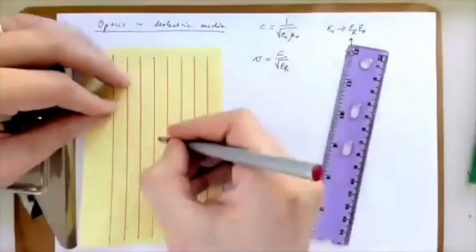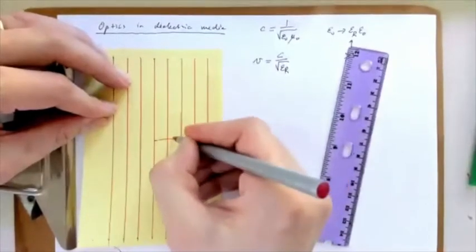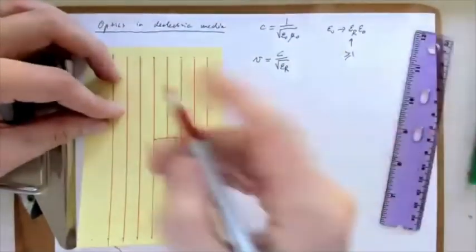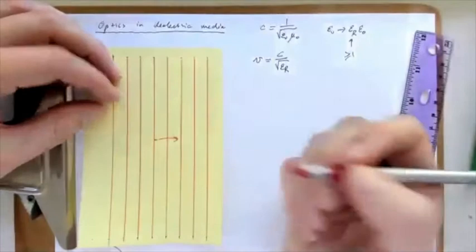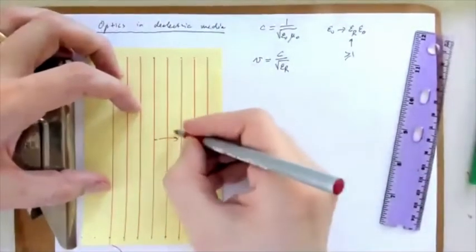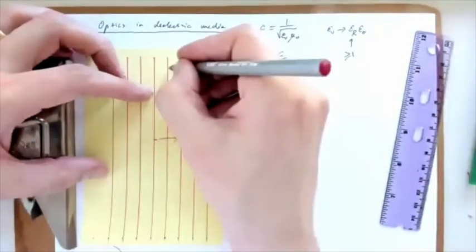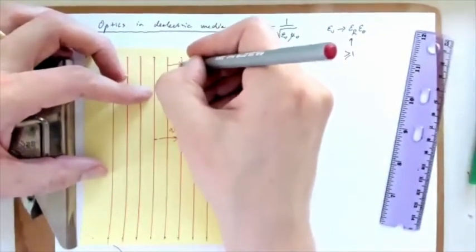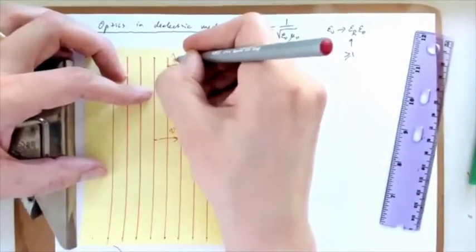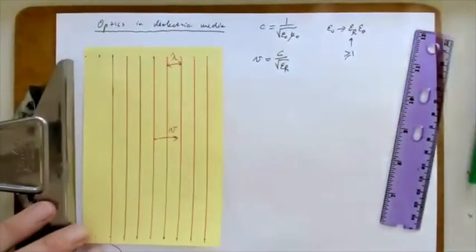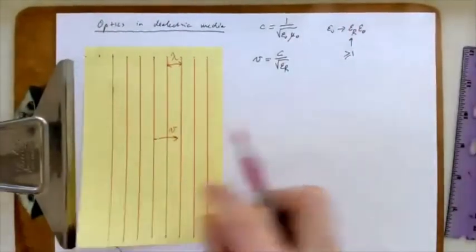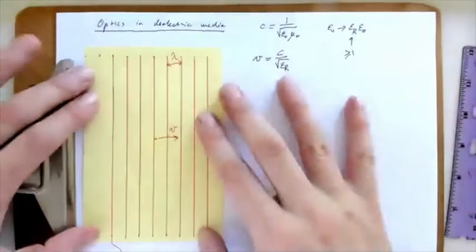Okay, so this is traveling in this direction with some kind of a speed. Let's call this speed v, and then we can quantify the wavelength on this side. Now we have, let's say, medium number 1 here.